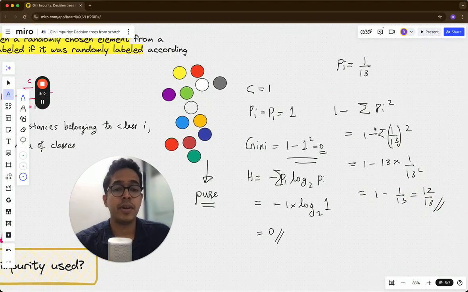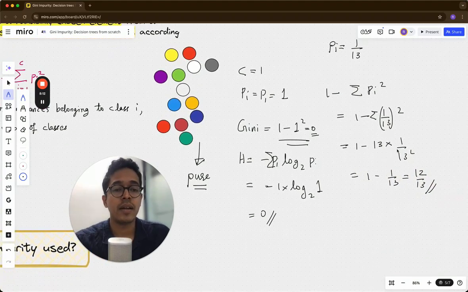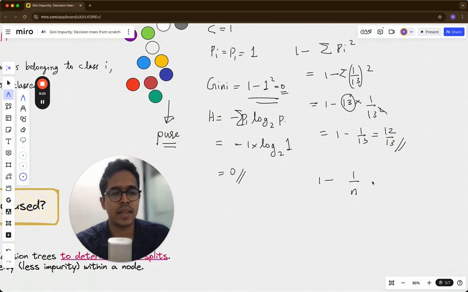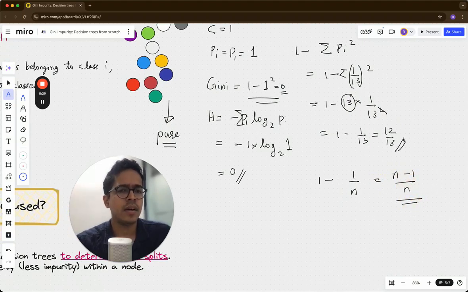So the Gini impurity is approaching close to 1. And if instead of 1 by 13 the Pi is 1 by n, then it will be 1 minus 1 by n, because the 13 square and 13 were cancelling, so this will be n minus 1 by n, if the probability distribution is equal.